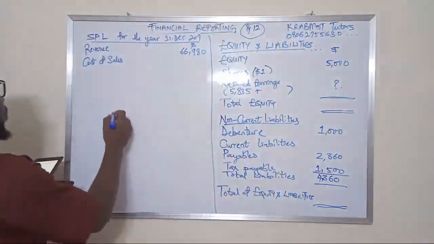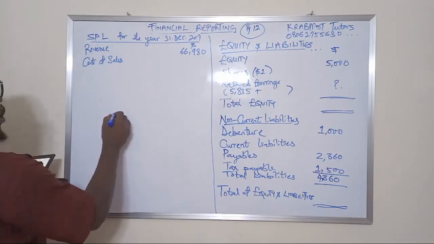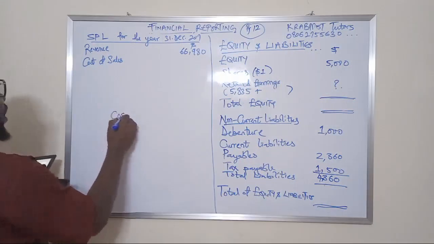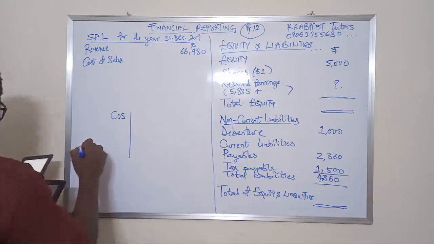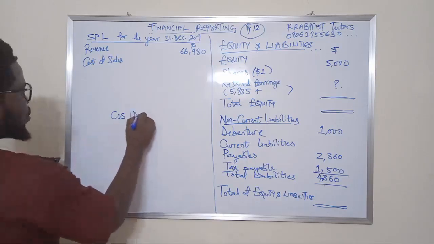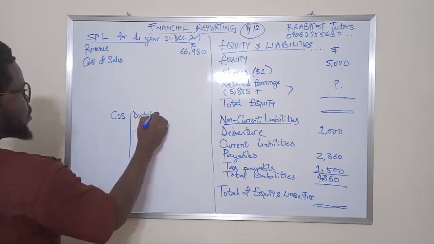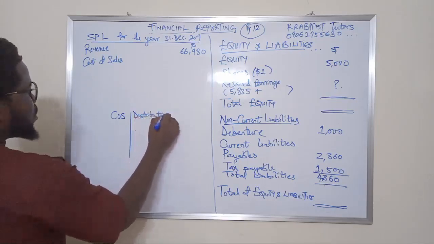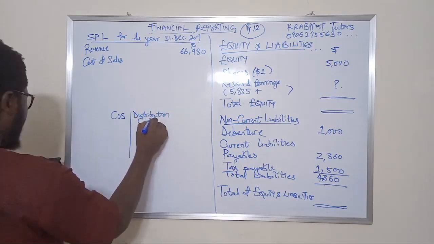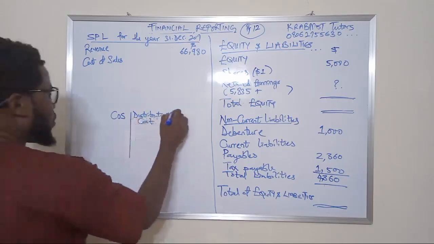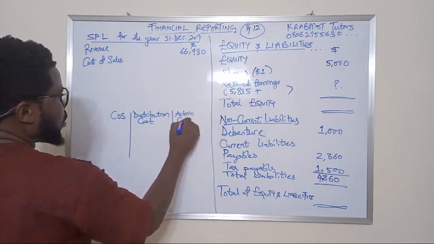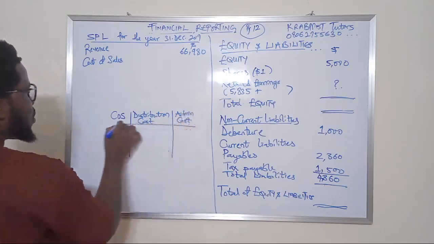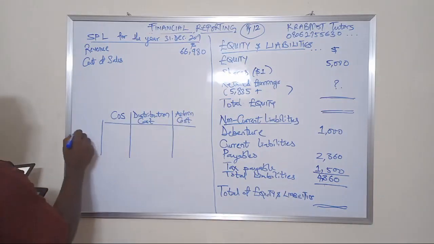So we have cost of sales, distribution cost, we have admin cost. This is staff cost.